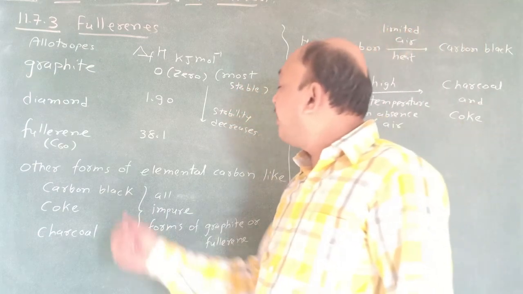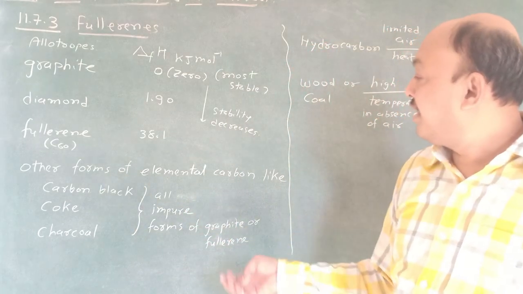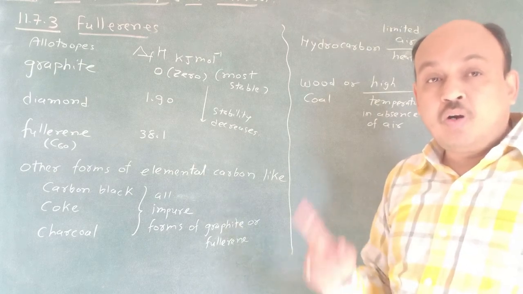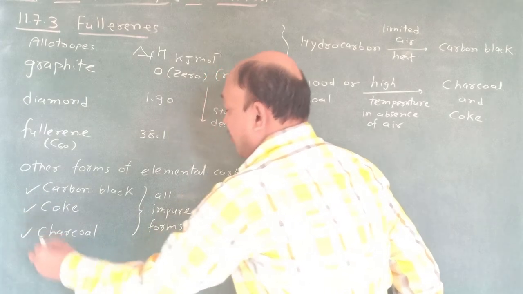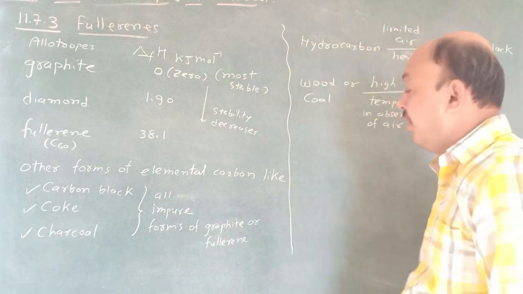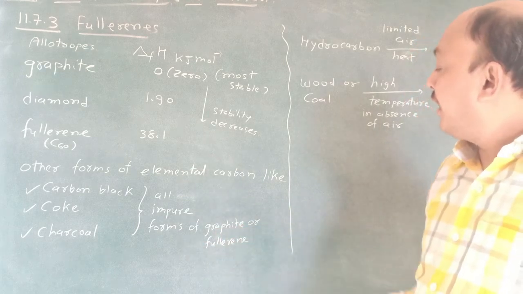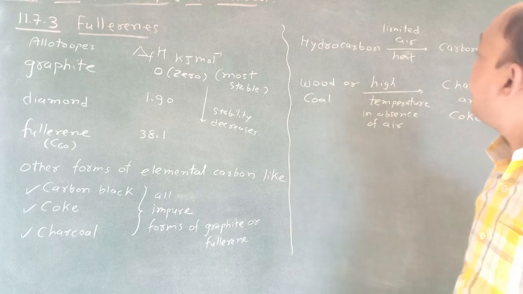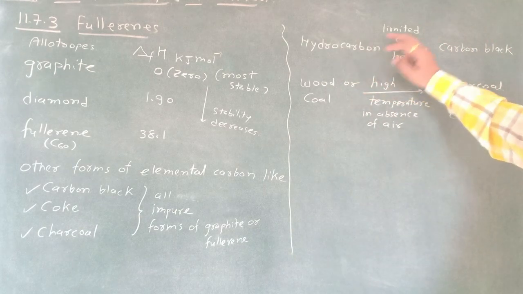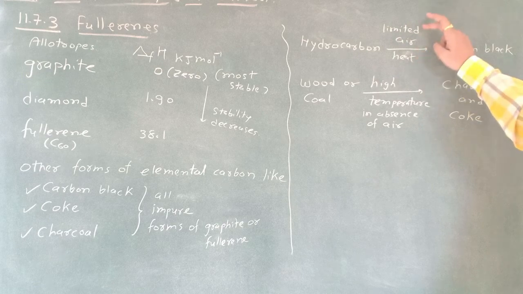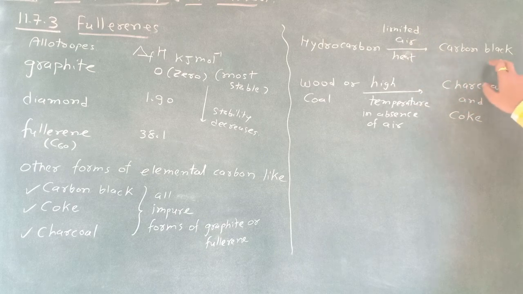Other forms of elemental carbon are carbon black, coke, and charcoal. Remember, carbon black, coke, and charcoal are all impure forms of graphite or fullerenes. For the preparation of carbon black, hydrocarbons are burned or heated in a limited supply of air, which gives carbon black.